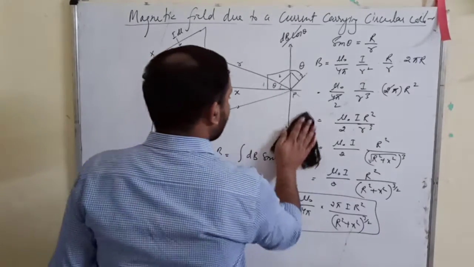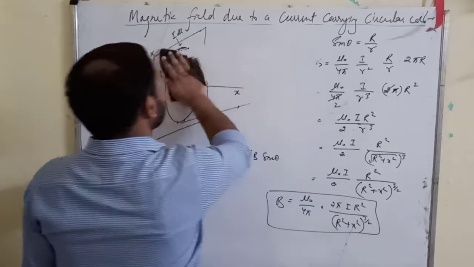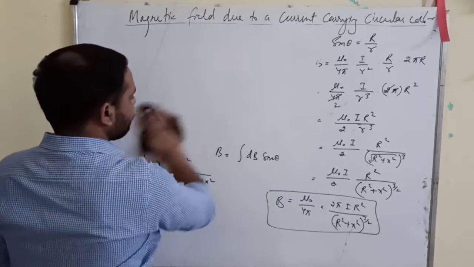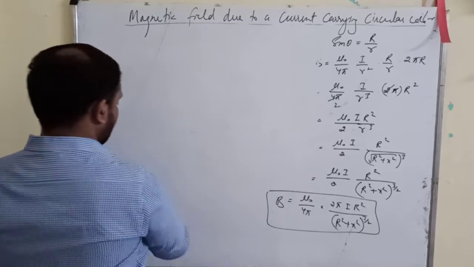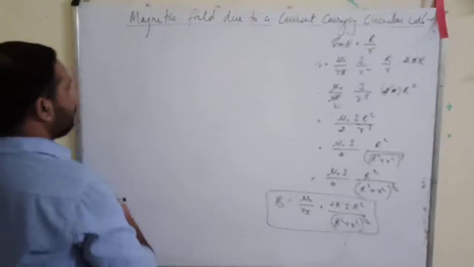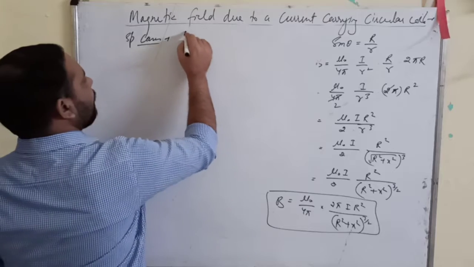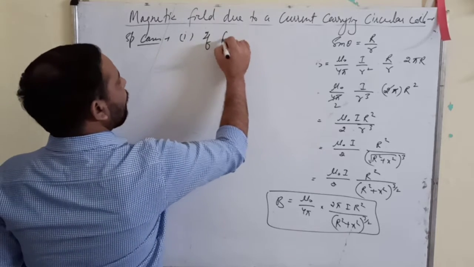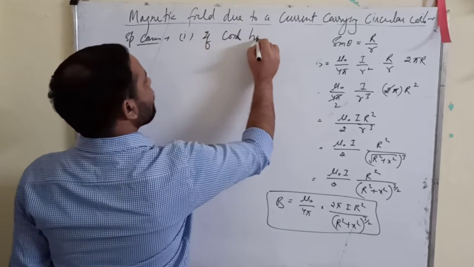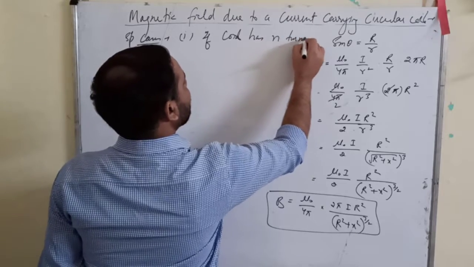Now we will take a few special cases here. Special case number 1: if the coil has n turns.